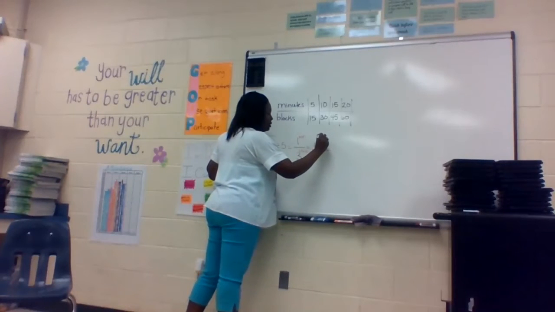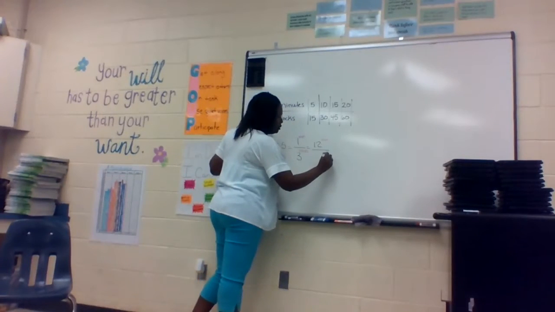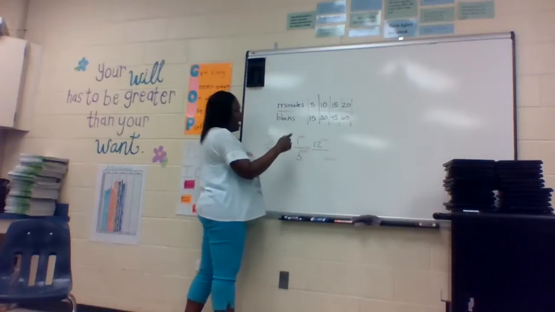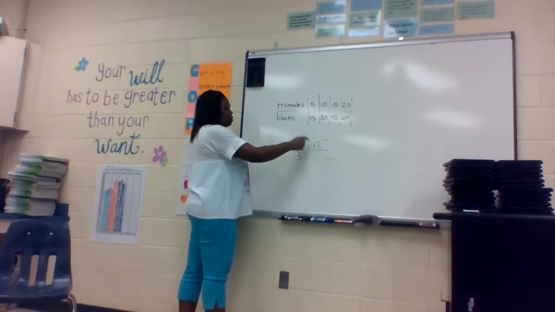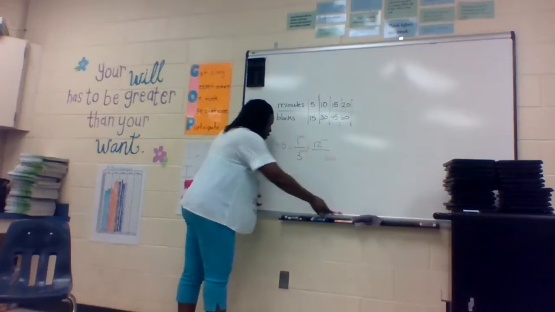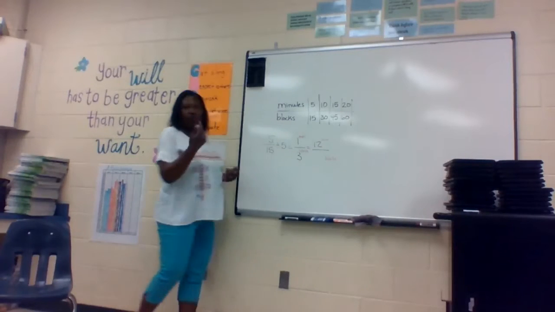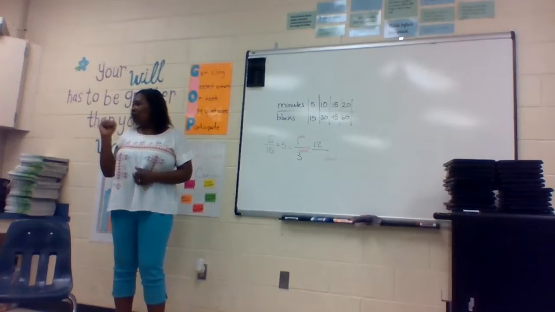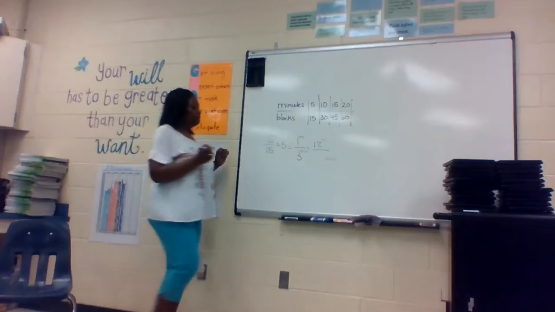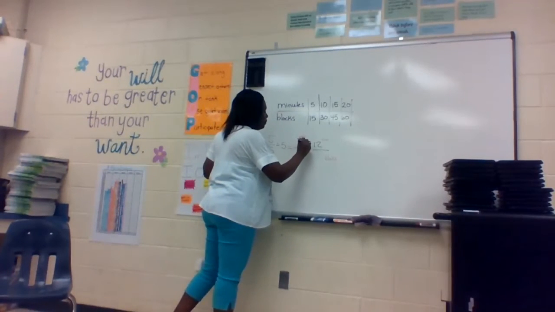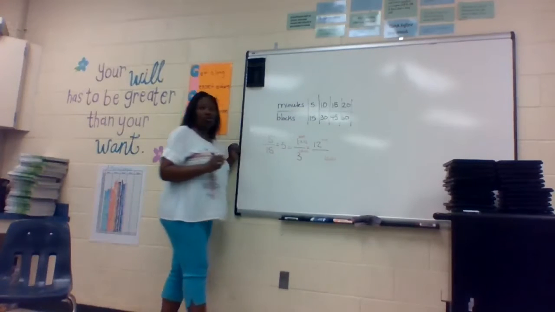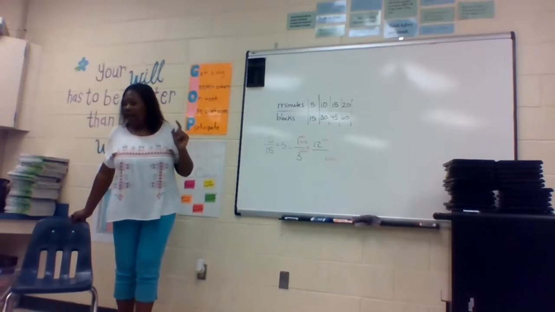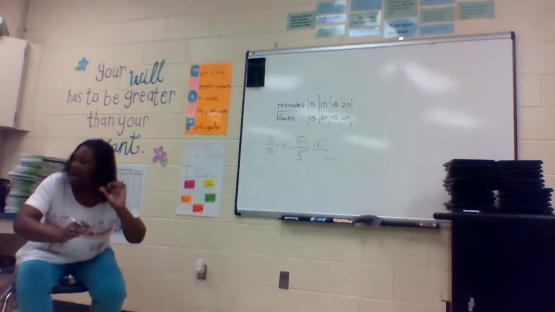12 minutes, how many blocks? So how do I go from 1 to 12? I multiply by 12. Remember, I told you to make something equivalent, I have to do the same thing to the top and the bottom.